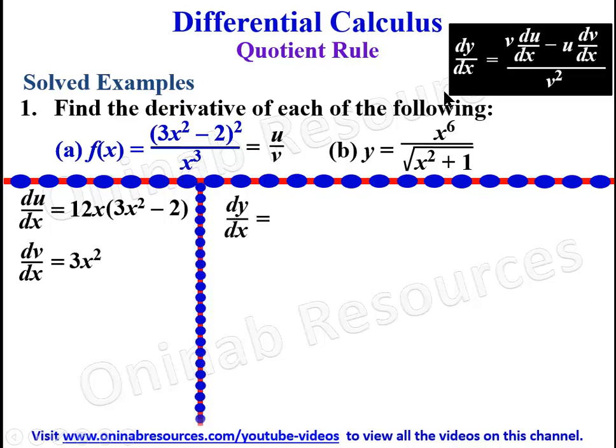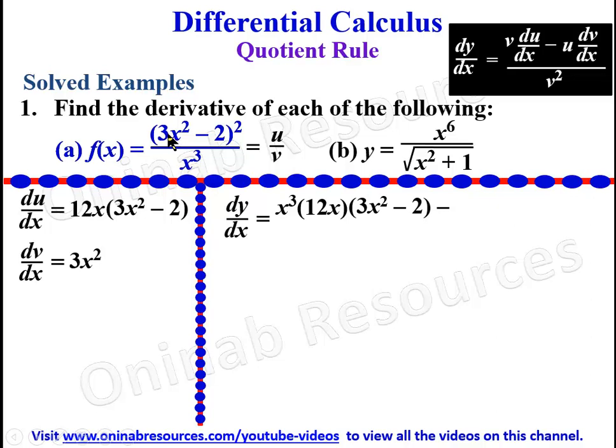Now we go ahead to find dy/dx. We substitute into this formula. We have v here, and our v is x cubed, so we have x cubed. Then du/dx, our du/dx is 12x into 3x squared minus 2, and then we have minus u.